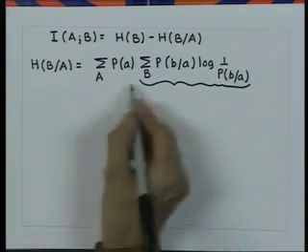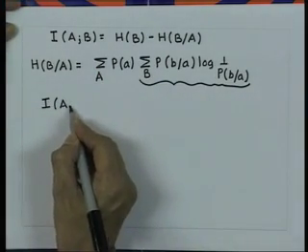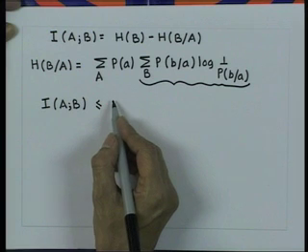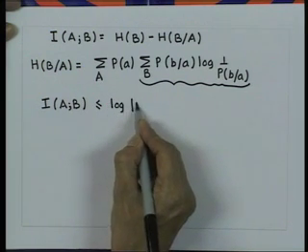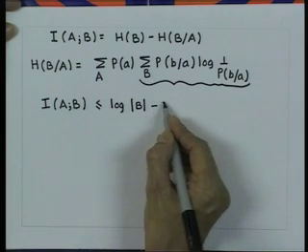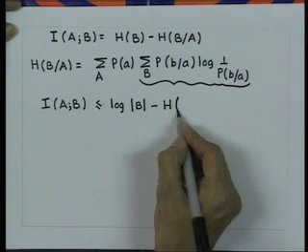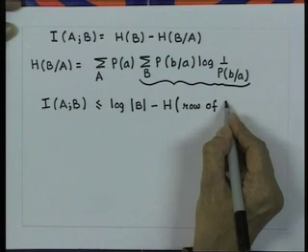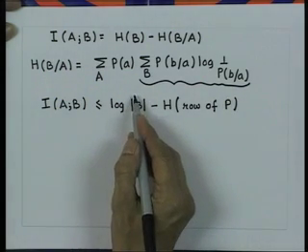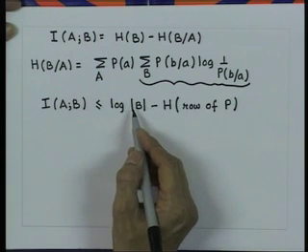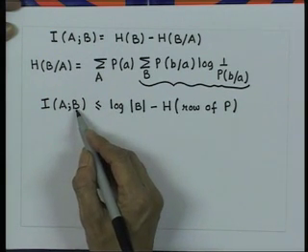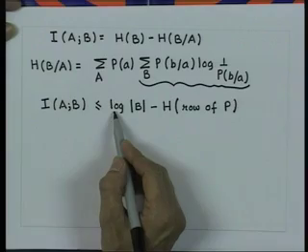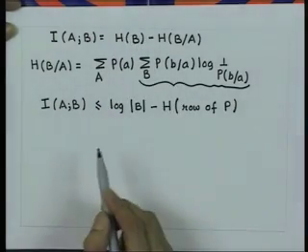So, in that case, I(A;B) will always be less than or equal to log of mod B minus H of the row of the channel matrix P. Mod B is the size of the output alphabet B. We know that the maximum value of H(B) is equal to log of the size of the alphabet.